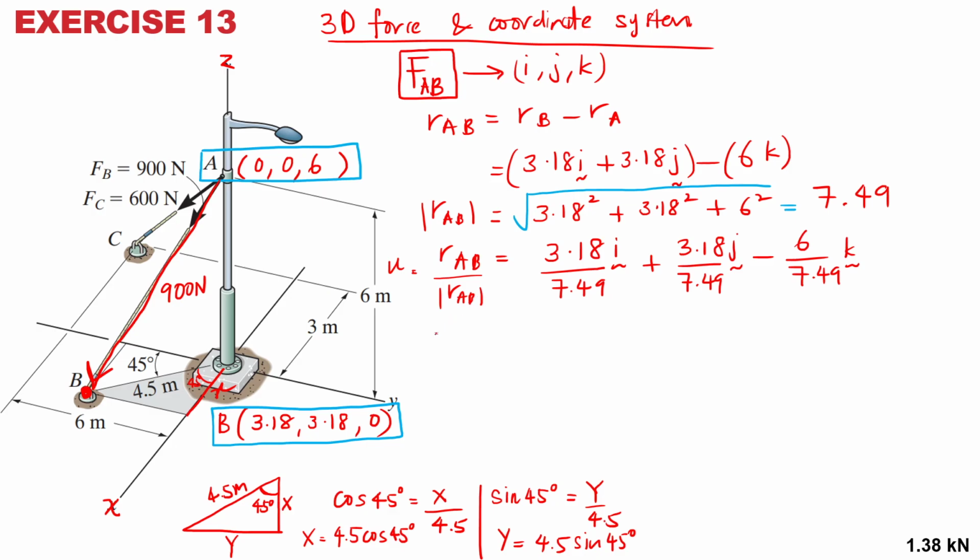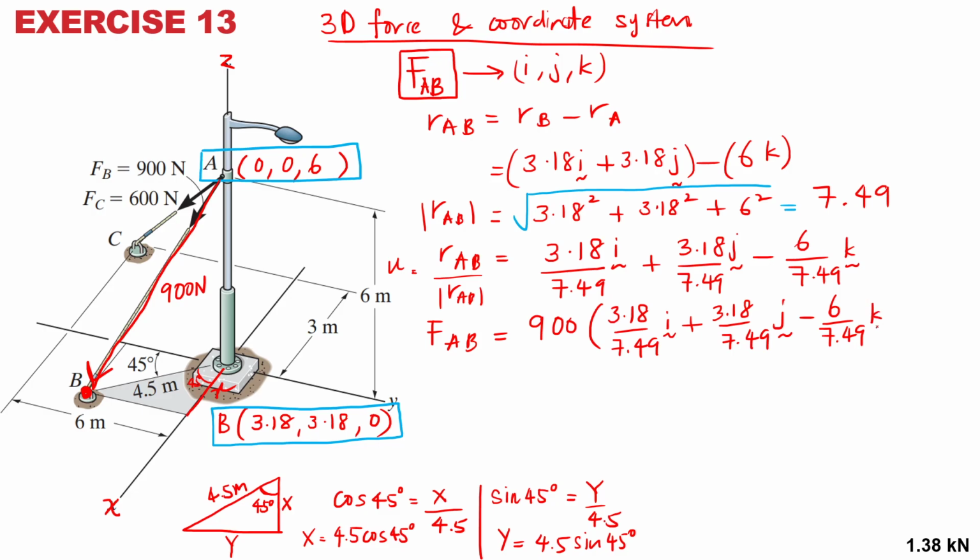So FAB is equivalent to 900 times, repeat the same thing, 3.18 over 7.49i plus 3.18 over 7.49j minus 6 over 7.49k.